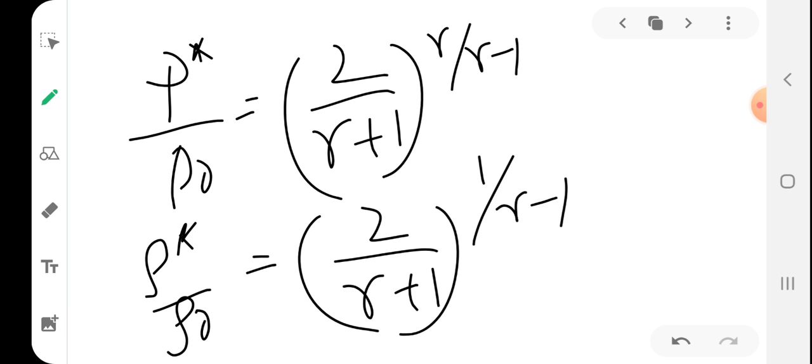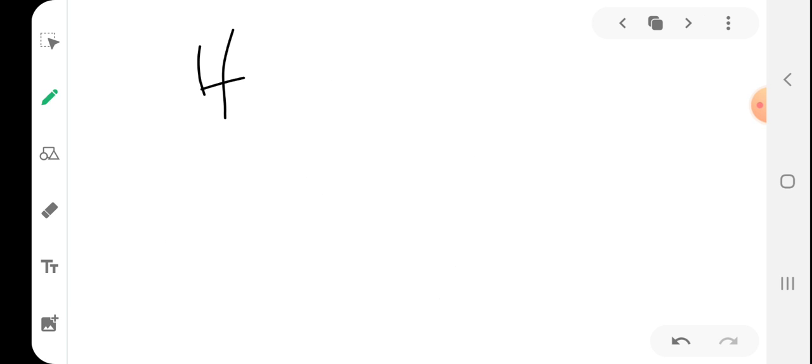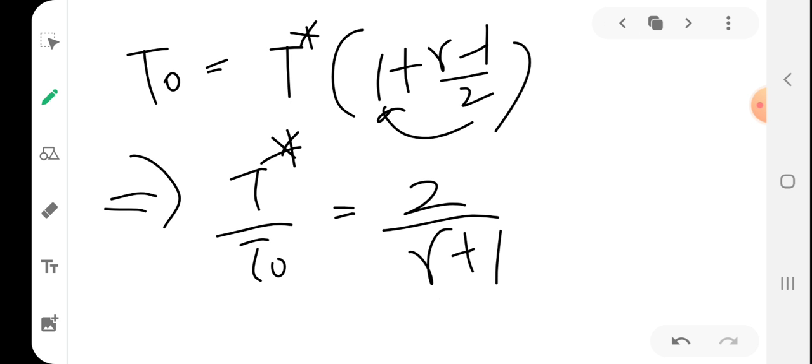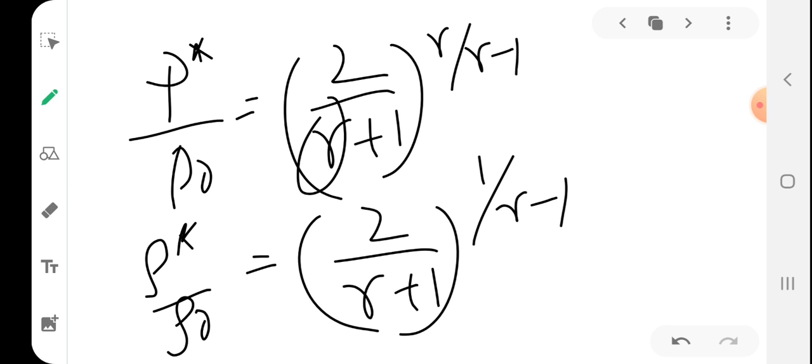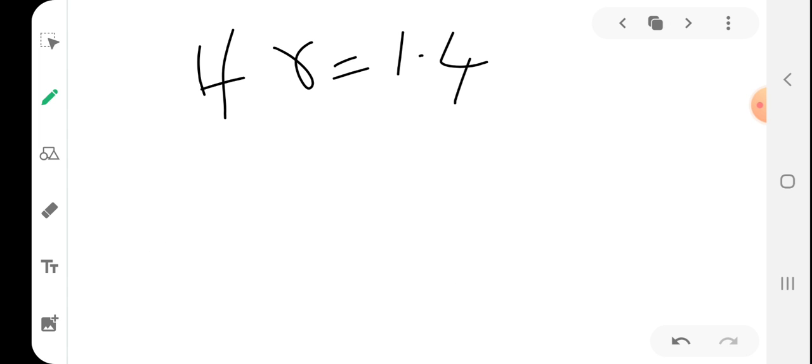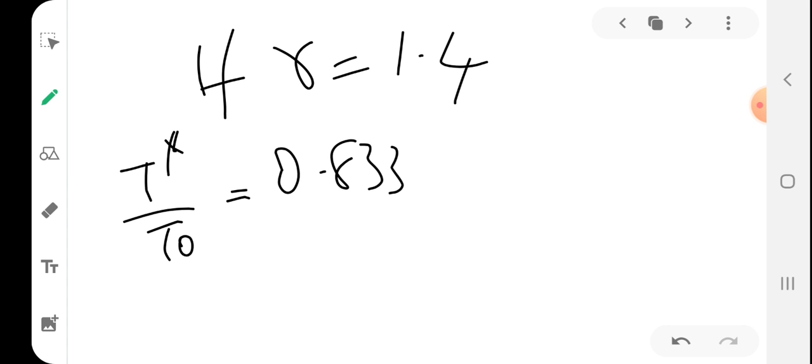If gamma is taken as 1.4, because for air gamma is 1.4, you can substitute gamma equal to 1.4 in all these equations. Then T star by T0 will become 0.833.